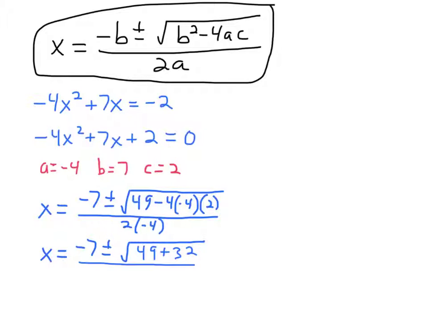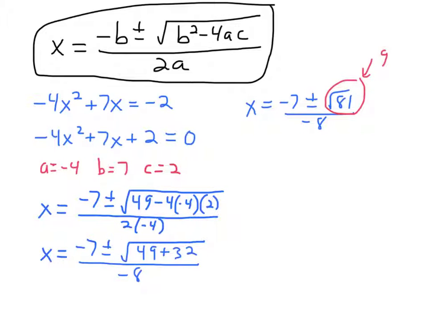And this whole thing is over negative 8. So if we continue to simplify this, we'll have x equals negative 7 plus or minus the square root of 81 divided by negative 8. Now the square root of 81 is just 9.